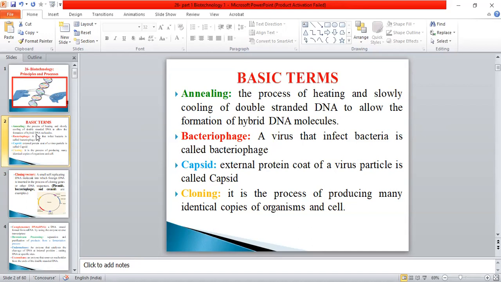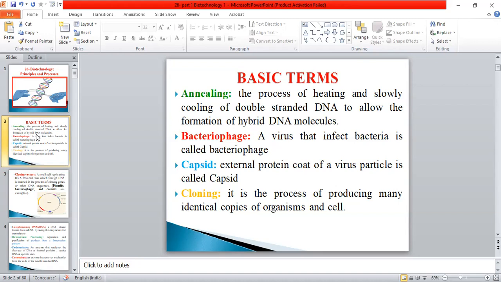So first, the basic terms you should know. What is annealing? We already studied this. Annealing is a temperature-related process. When double stranded DNA molecules undergo heating, the bonds between the nitrogen bases are broken due to heat.